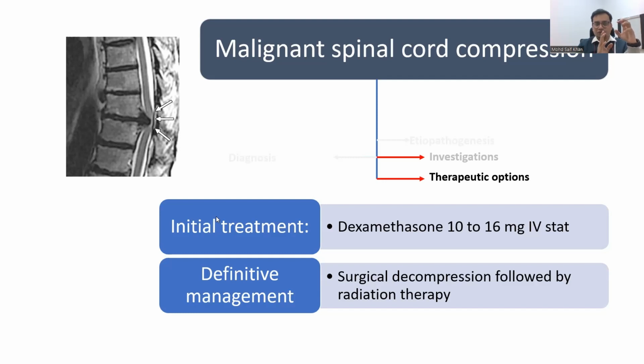If the acute paraplegia is occurring within 48 hours, then the prognosis is good if you perform a definitive management in the form of surgical decompression. Okay, but for that you need to have a good health status of patient so that he or she can tolerate the surgical decompression, and that is usually followed by the radiation therapy.